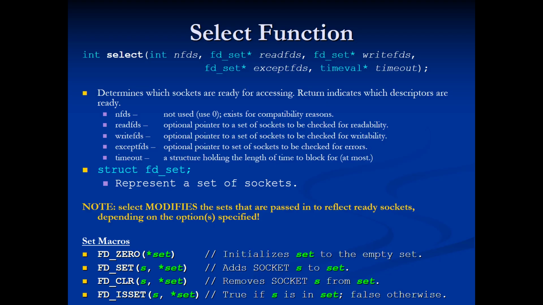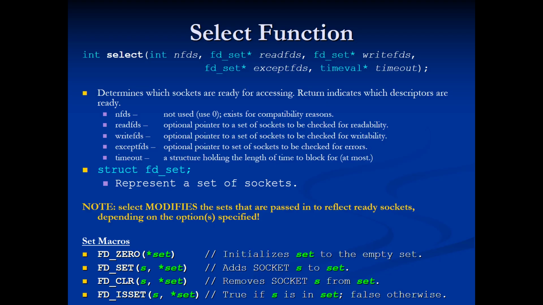So if you have a server that serves certain clients, and the client says, hey, I am done with this connection and I want to terminate it, well, after you have terminated the logical connection to that particular client, you can remove that socket from the FD set. And then finally, the last set macro is FD_ISSET.